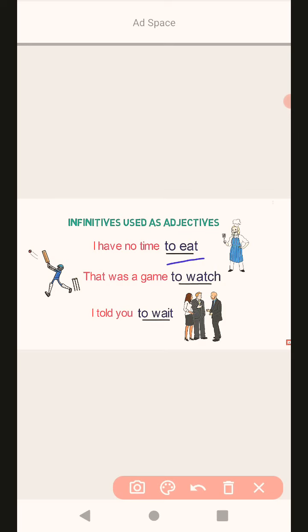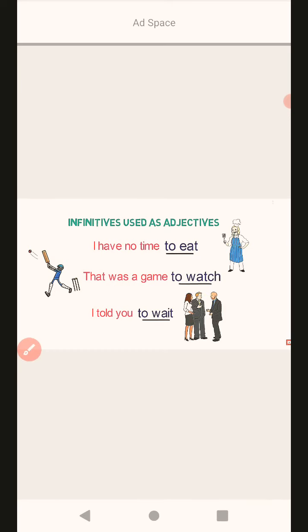Again, in the second sentence, that was a game to watch. Again, to watch is qualifying game, so it's an adjective. Third sentence, I told you to wait. So here all three are functioning as adjectives, because they are defining nouns. All the three infinitives are defining nouns, so they are used as adjectives here.